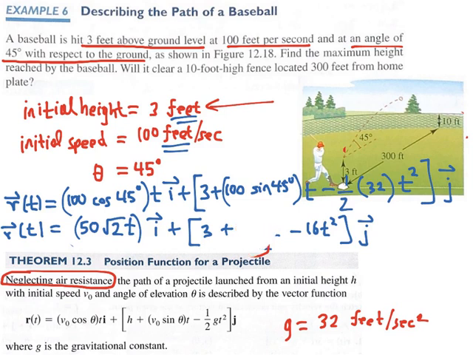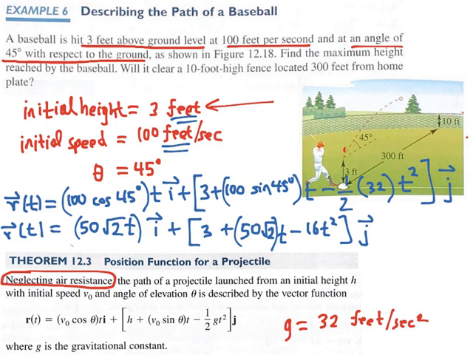So you have 50 square root of 2 for that term, and of course that needs to be multiplied by t. So 50 square root of 2 t minus 16 t squared j. So that's our position vector. This tells us the position of the baseball relative to the x and y axes that I had drawn earlier on the diagram.